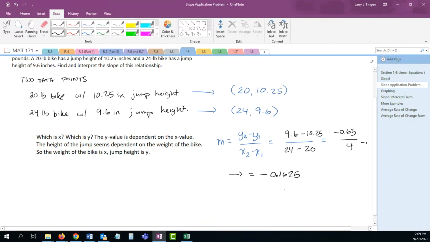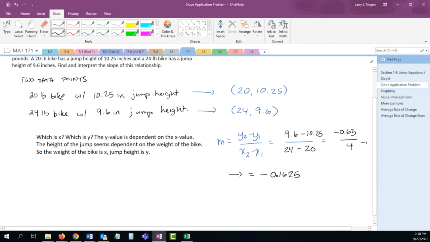Right, so what does this mean in terms of the problem? Well, this means for every increase of 1 unit in the x direction, I decrease the y by 0.1625. What are the units? Well, y2 and y1 are inches, and x2 and x1 are pounds.